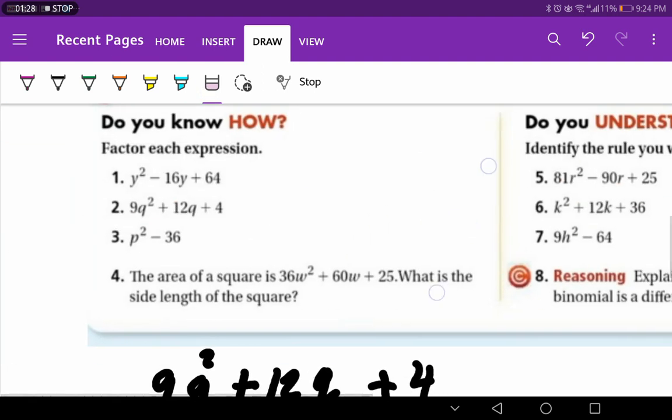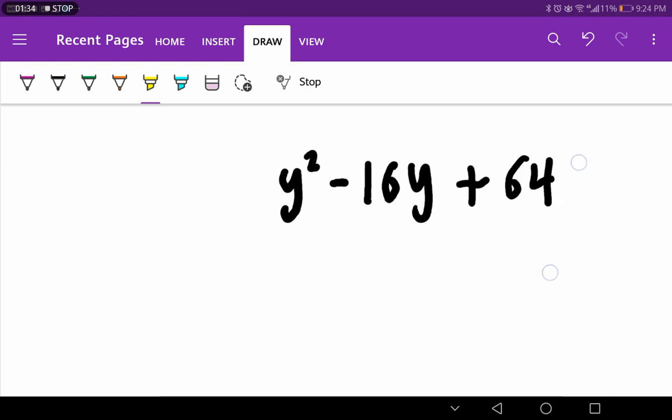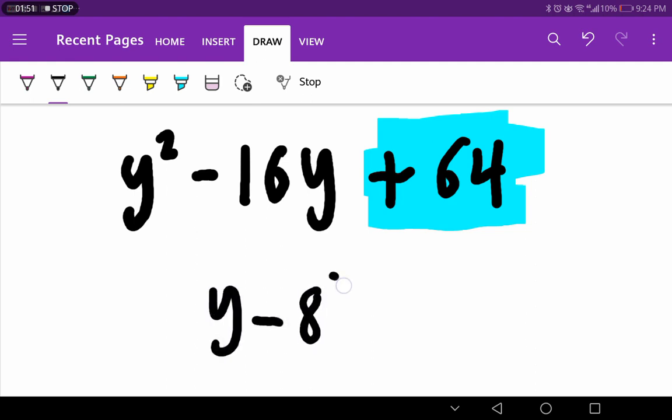Now factor each expression. The first one, let us take it down here. If you see here, the C is a perfect square. It is coming from 8 multiply 8. So your solution directly is y negative 8 and y negative 8.